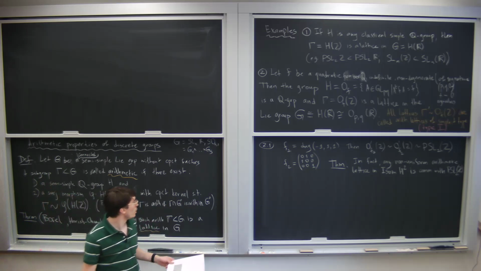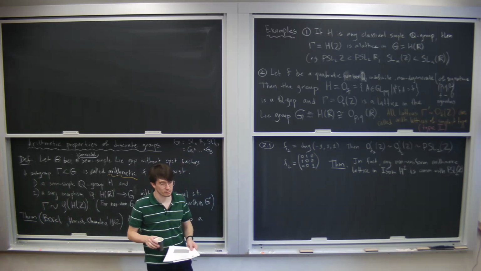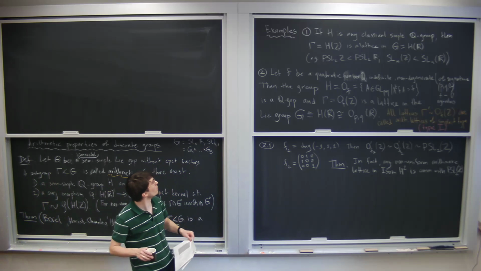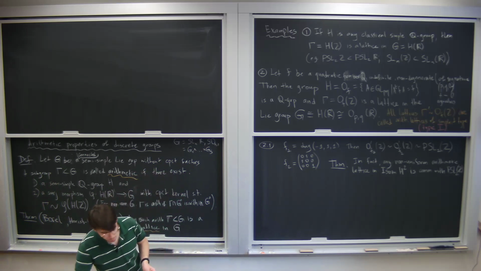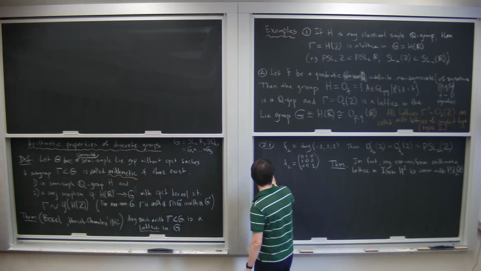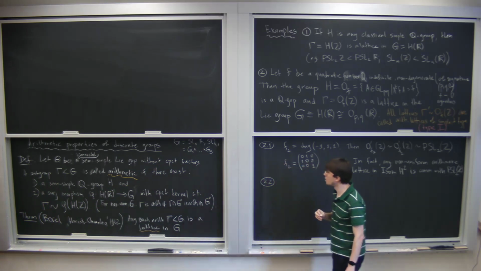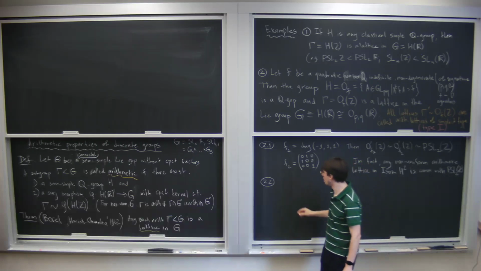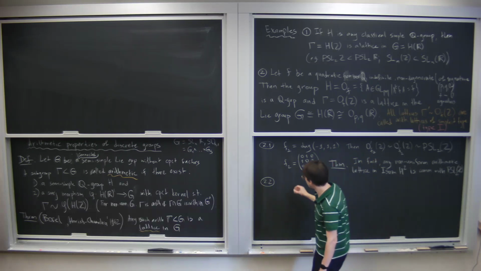So I gave this first example of the general class of arithmetic lattices. But what I wanted to say is that there is an interesting result due to Vinberg about arithmeticity of reflection groups.